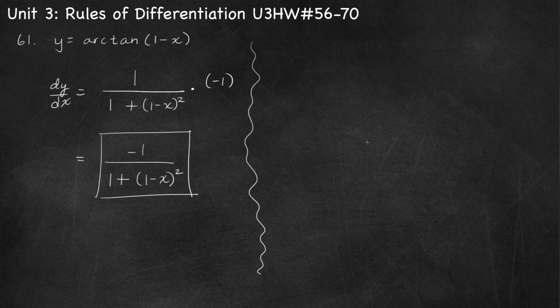If we want to see it worked out the long way, our inside function u equals 1 minus x, and then y equals arctan of u. So du dx equals -1, and dy du equals 1 over 1 plus u squared.